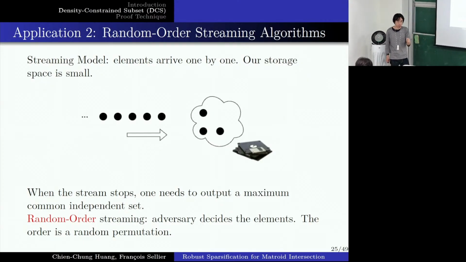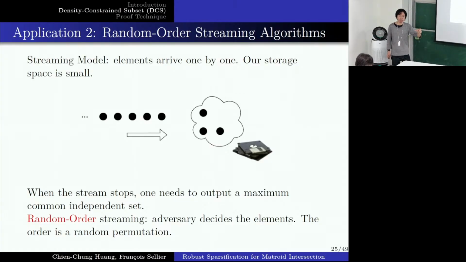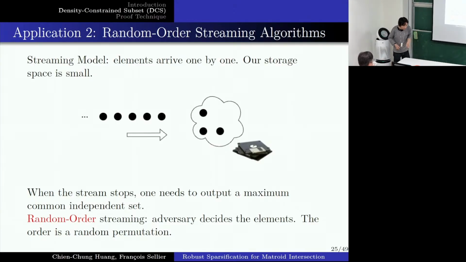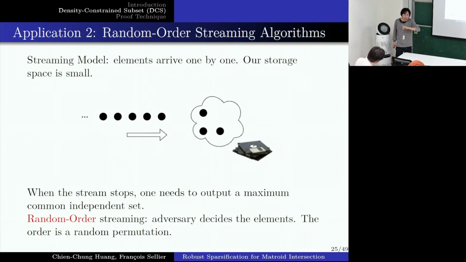The adversary chooses the elements, and can design all of them beforehand, but in the beginning there will be a random permutation of all the elements, and they are given to you one by one. So in this random order model his power is much less. He chooses the elements, but he cannot control the permutation, and he also cannot observe your behavior.